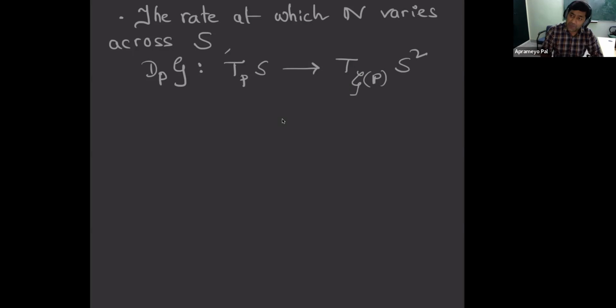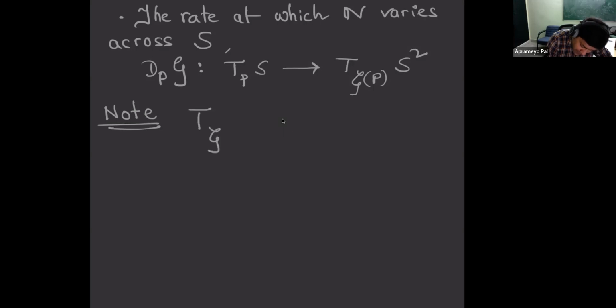Now, one interesting thing to note before I come to the formal definition, and then I will stop for today. So note that given a point P in S, the tangent plane of S2 at G(P) is actually equal to T_P S.